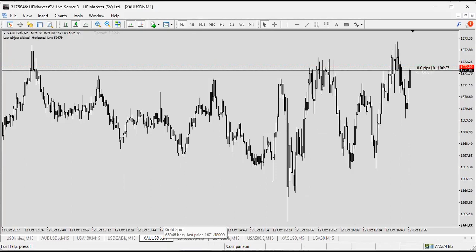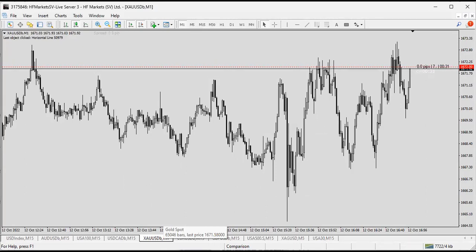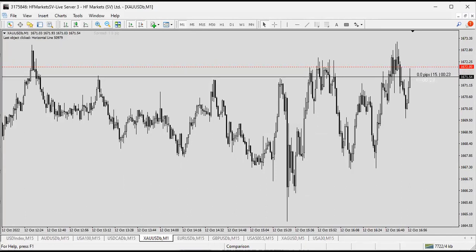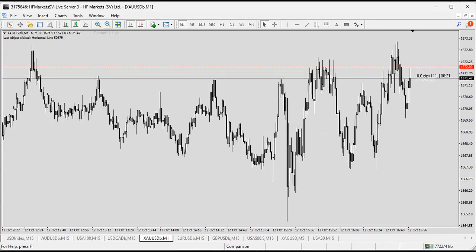All right, let's see if I can get this gold short. No, yeah, I want to sell it at or above that red line.